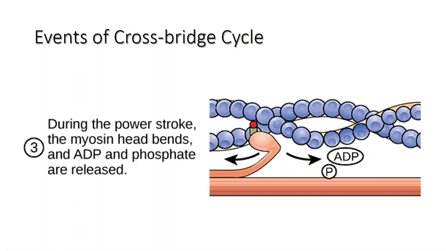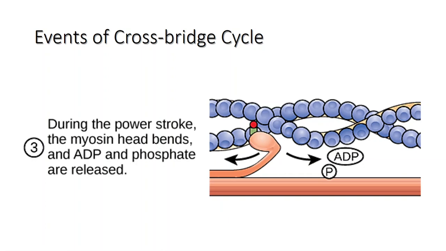This enables the myosin head to move toward the M line, pulling the actin along with it. This movement is called the power stroke, as movement of the thin filament occurs at this step. Adenosine diphosphate is also released after the power stroke.